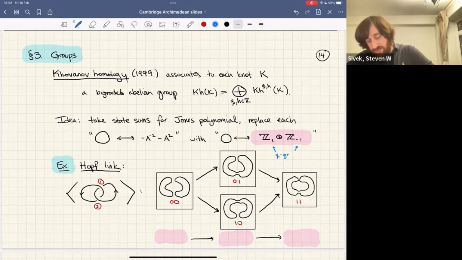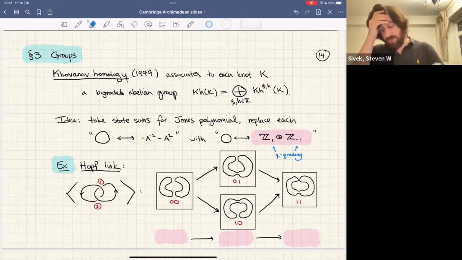So we're remembering that these are graded groups, and the subscript is telling us what that is. That's the Q that was right here. What we're supposed to think of is that the dimension of this, or the rank of this, because it's a group rather than a vector space, the rank isn't just 2, but the rank remembers the Q grading. So we might say it has rank Q to the 1 plus Q to the minus 1.